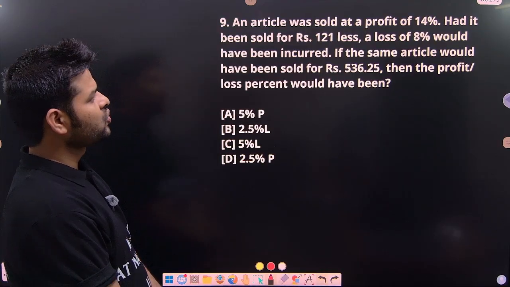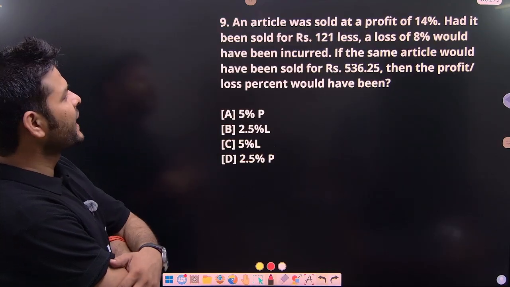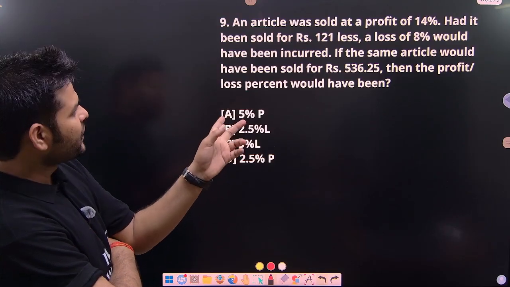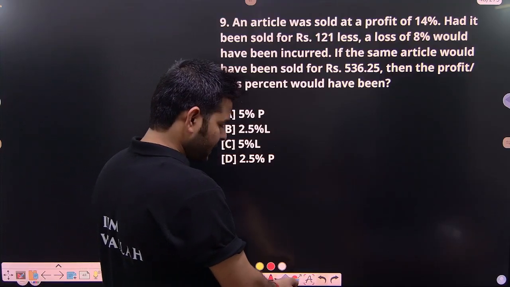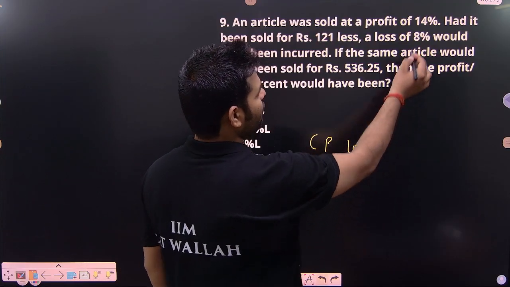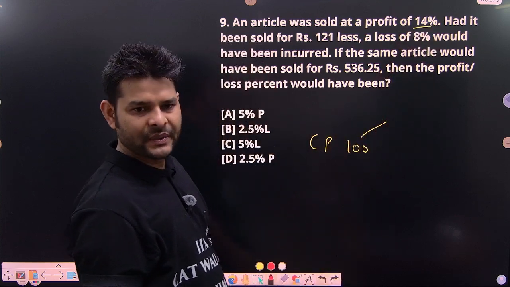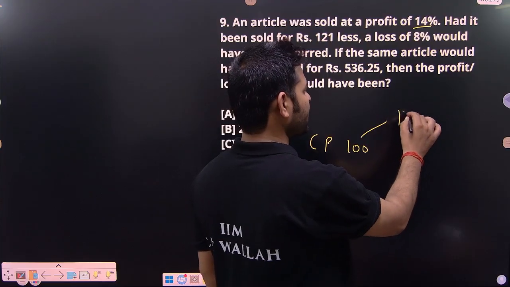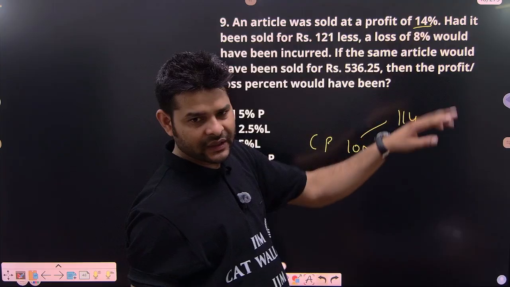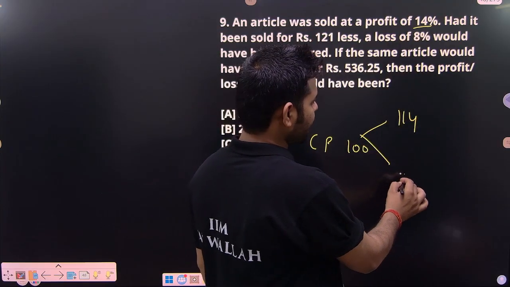An article was sold at a profit of 14%. Had it been sold for rupees 121 less, a loss of 8% would have occurred. So the same thing you need to apply. CP means 100 and he has already sold at 14% profit, that means 114. He has already sold that article at 114. If he had sold it at 8% loss, that means 92.